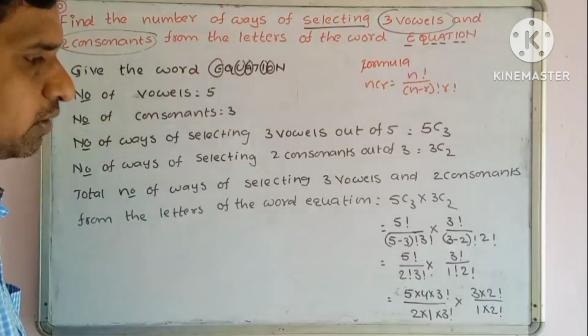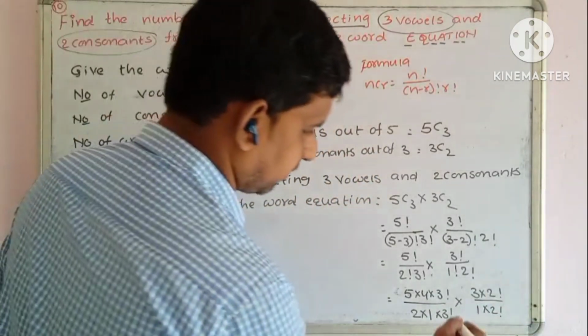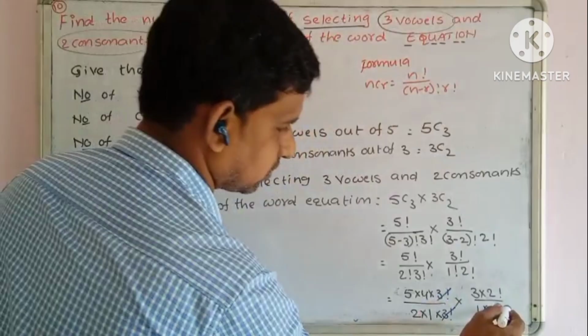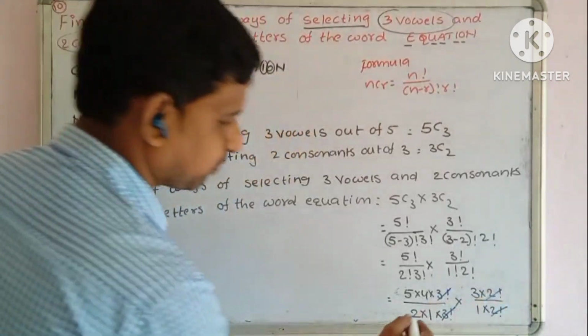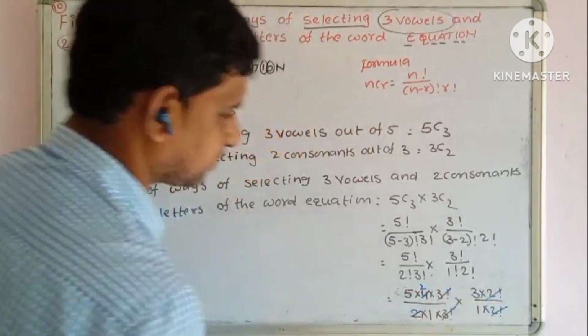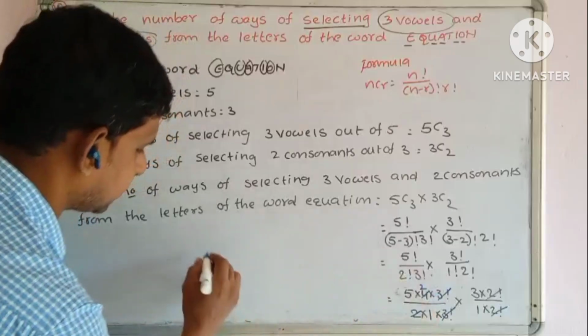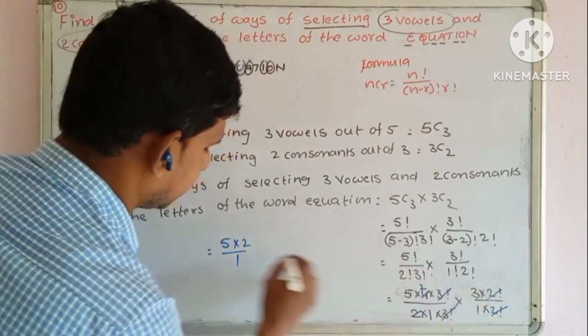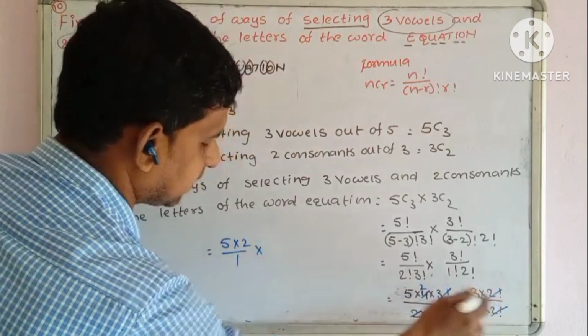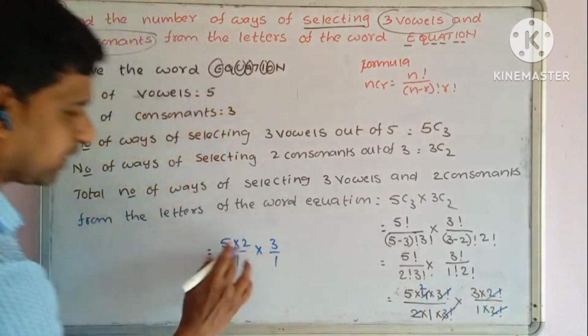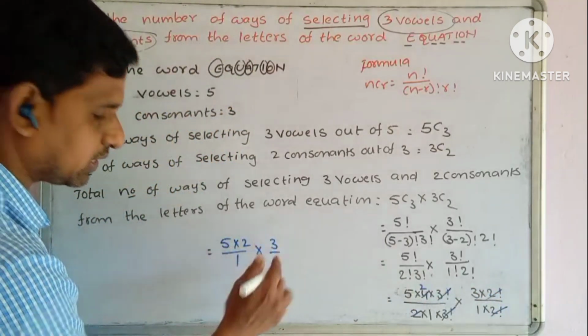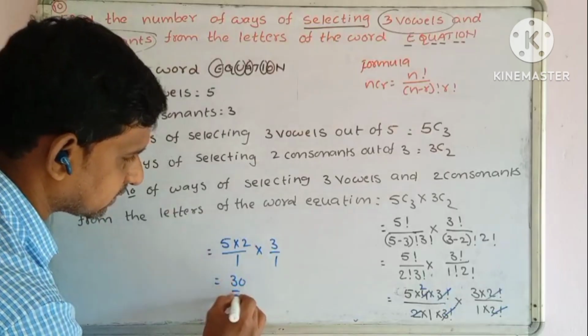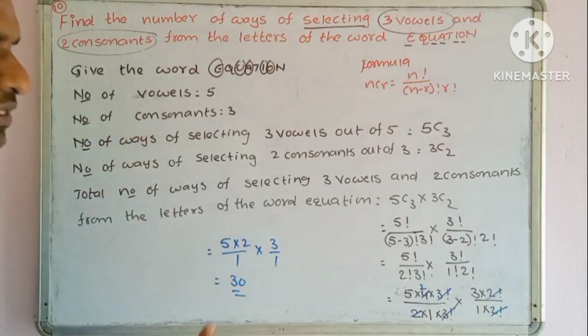Now observe that 3 factorial gets cancelled, 2 factorial gets cancelled. 4 divided by 2 is 2 times. So 5 times 2 by 1 into 3 times 3 by 1. 5 times 2 is 10, 10 times 3 is 30, 30 by 1 is 30. So the number of ways is 30.